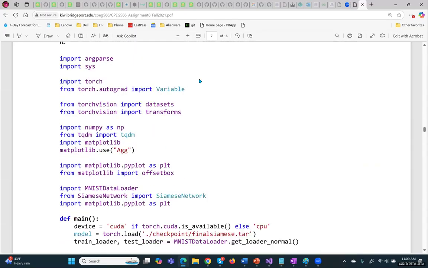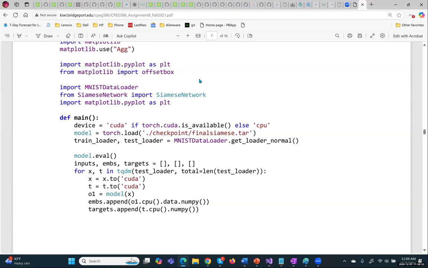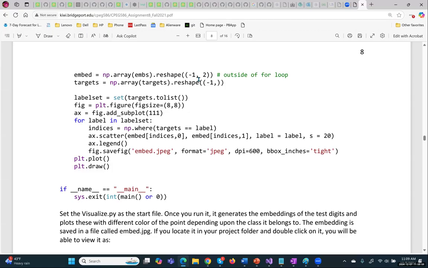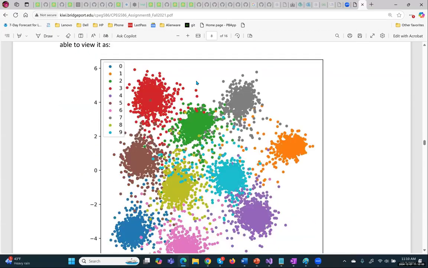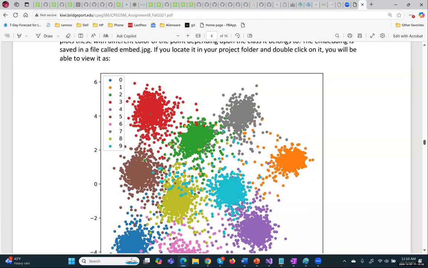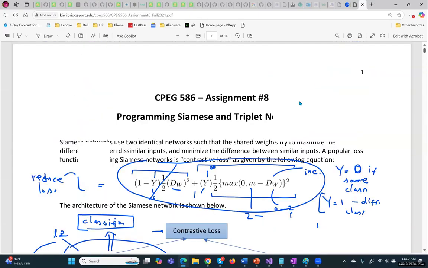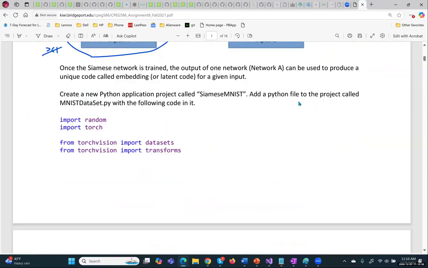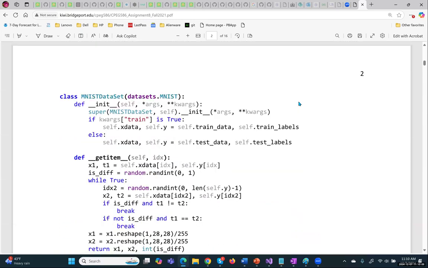I'm trying to remember where I put it. Okay, give me one more second. Let me go back to the beginning. There should be... Oh, right here in the beginning. Not in the loader, but in the data set.